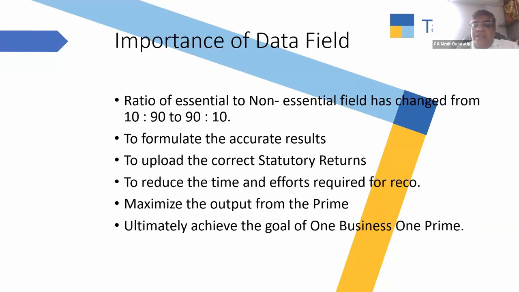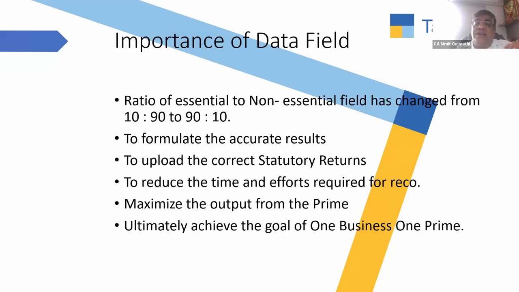Now, if you see, the essential data fields have increased from 10 to 90. It has become reversed because now a lot of returns and reports depend upon the essential data fields. So the importance of data fields, that is, which are essential and which are non-essential, is to formulate accurate results and to upload the correct statutory return.